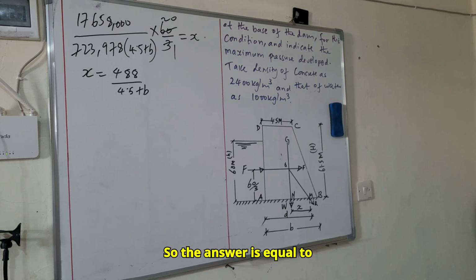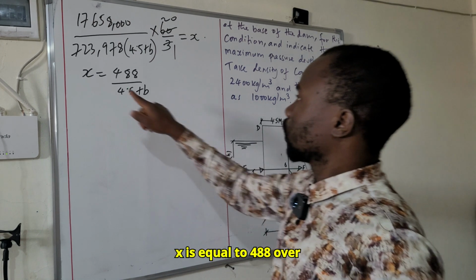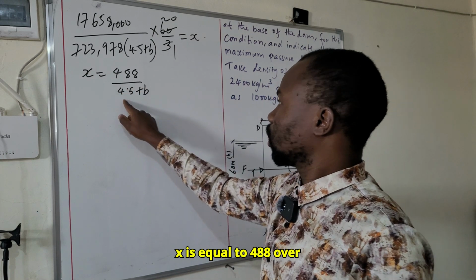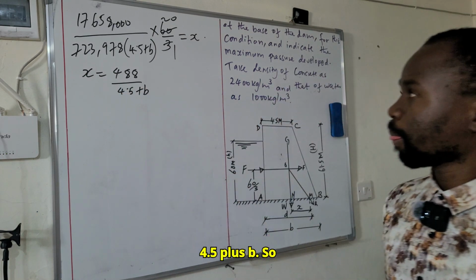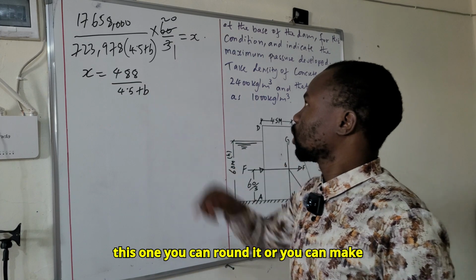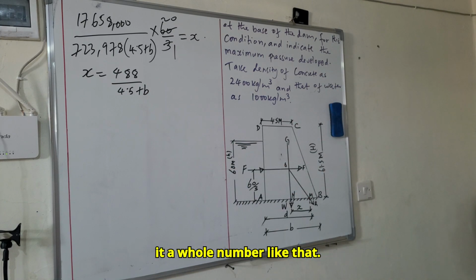So the answer is, X is equal to 488 over 4.5 plus B. So this one, you can round it or you can make it a whole number like that.